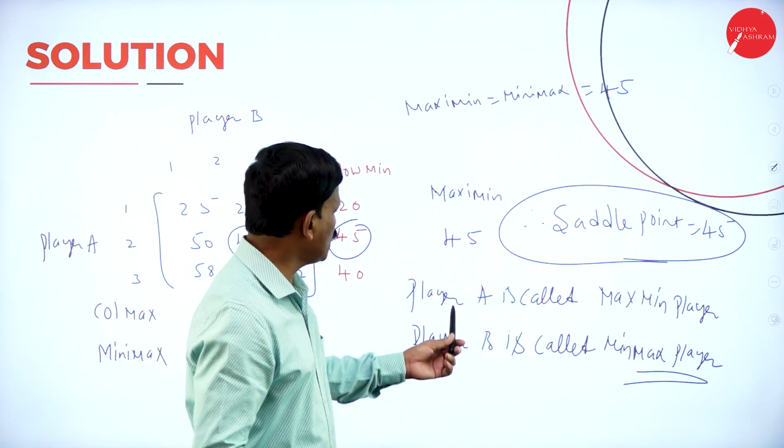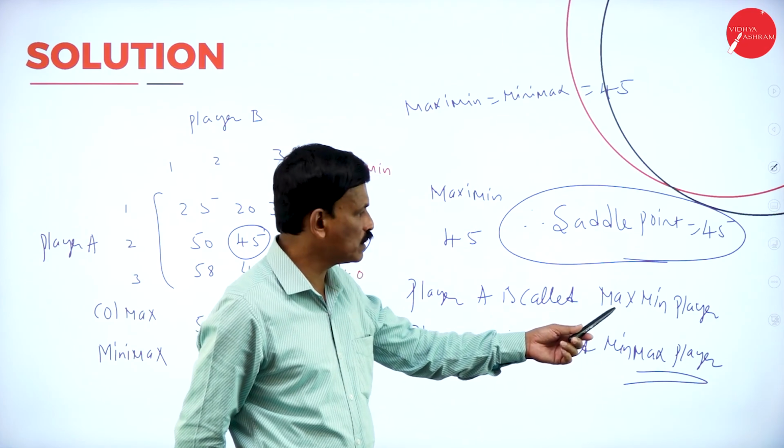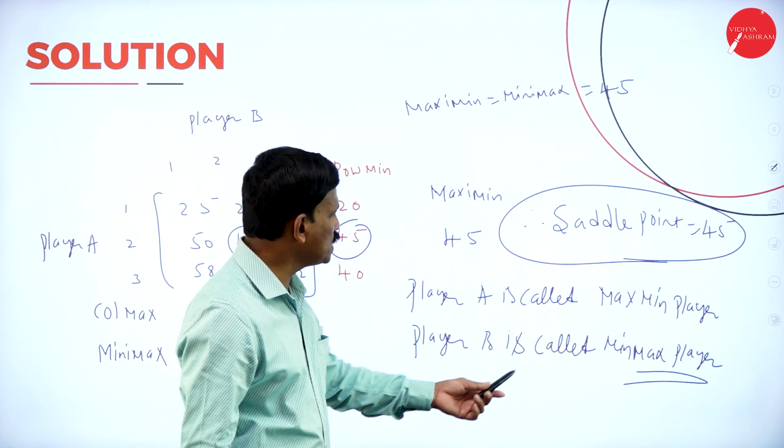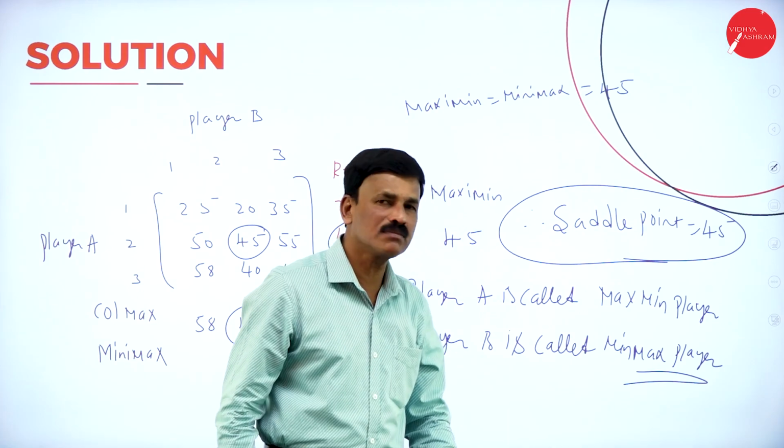This means player A is maximizing its minimum value and player B is minimizing its maximum value.